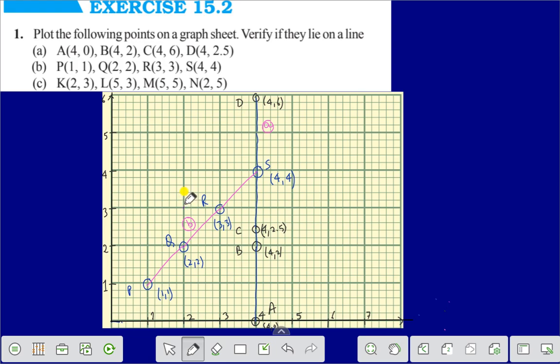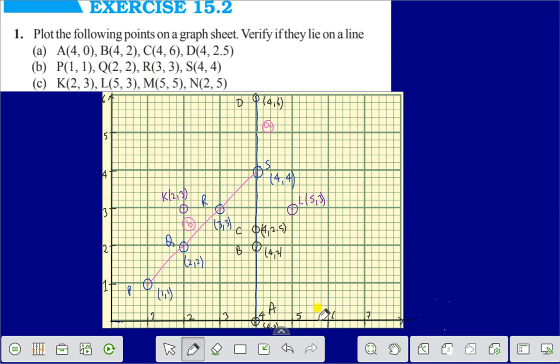This point is K. L is (5, 3), x is 5 and y is 3. This point is L.